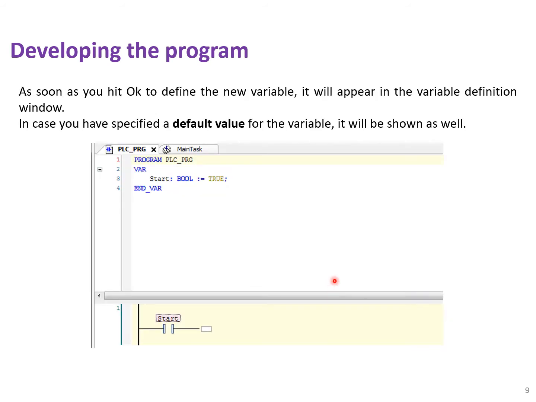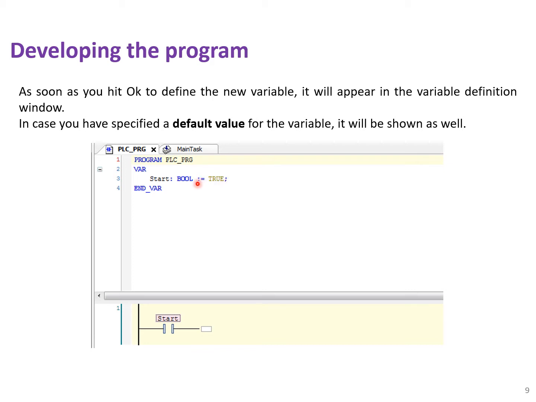Okay, so as soon as you hit OK, then the new variable will be created in the variable definition window. Okay, so you had this window already, but there was no variable inside. But as soon as you created the start contact, this line will be added.